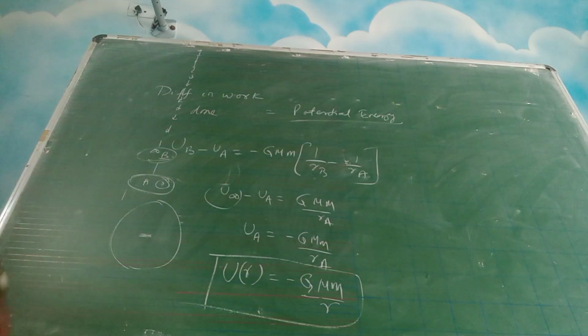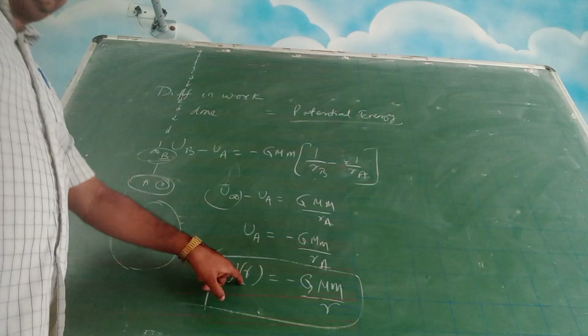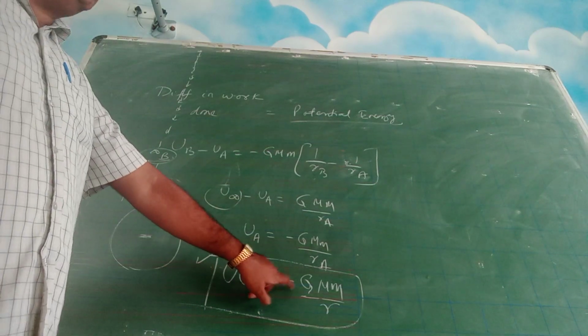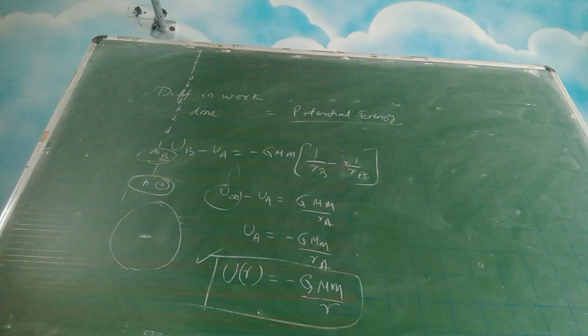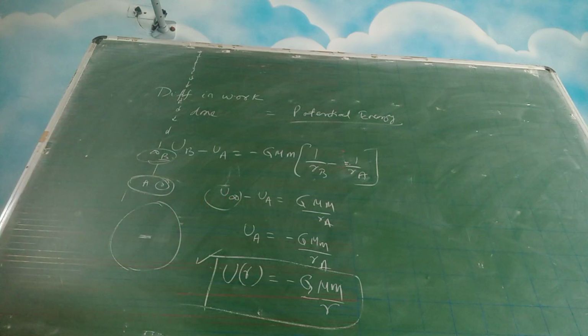So the potential energy expression is U of R equals minus GMm by R. Do not forget to put this minus, and why the minus has come I have tried to present in a simpler way. Okay, so let's move on. When we do some numericals you will understand what I am doing.